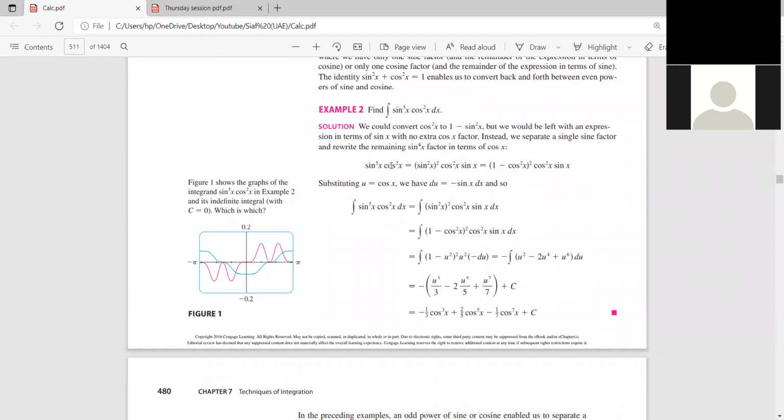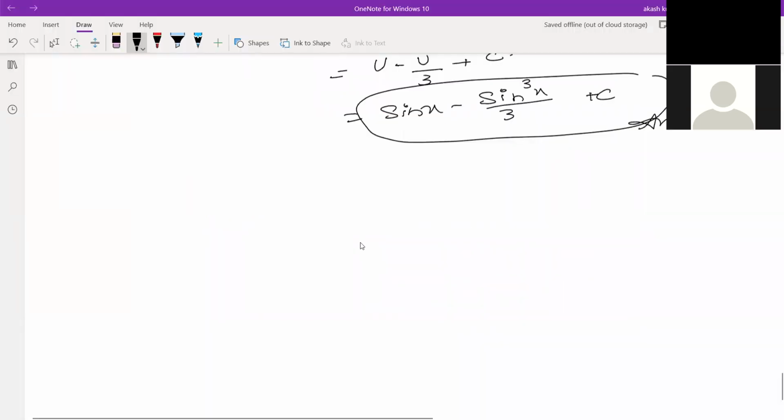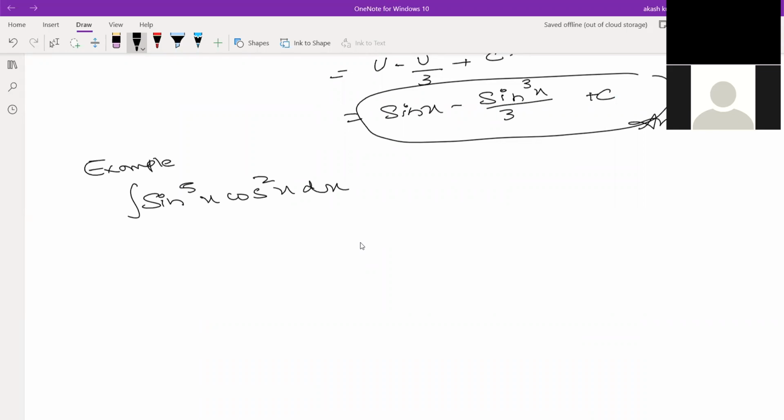It is sine 5x cos square x dx, and how to take the integral. This is example number 2.